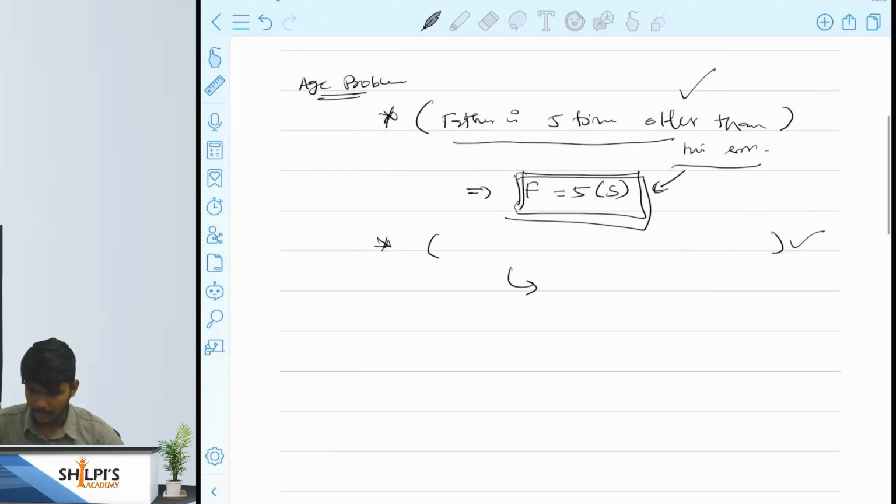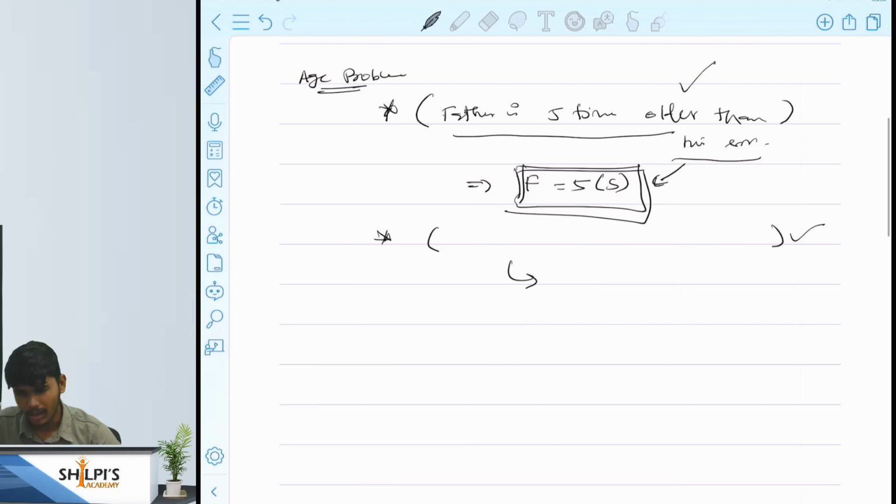For example, let me take this example. A machine can work for at least 2 hours.